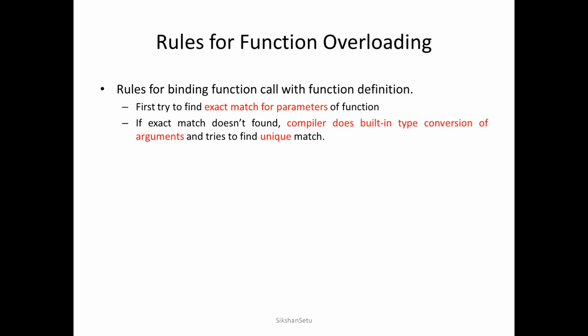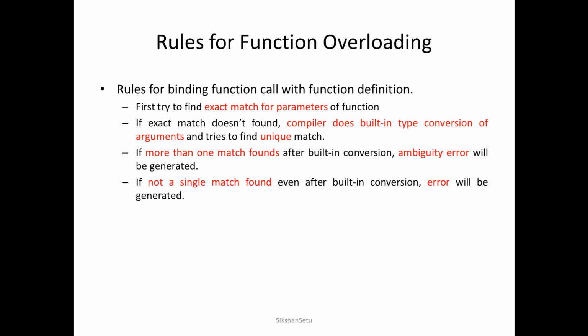This is considered built-in type conversion, and it tries to find the unique match. If a unique match isn't found, or more than one match is found after type conversion, then the compiler generates an ambiguity error. And if not a single match is found for a particular function call, then the compiler generates an error.